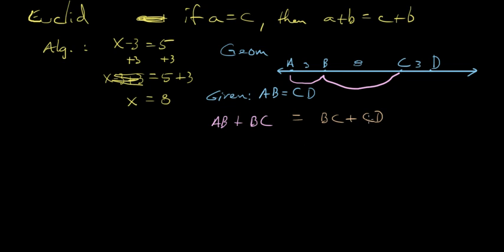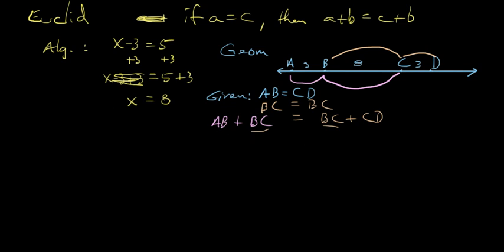Now, why is that? Well, because BC is equal to itself, isn't it? I added the same thing to both sides, BC, and BC equals BC.